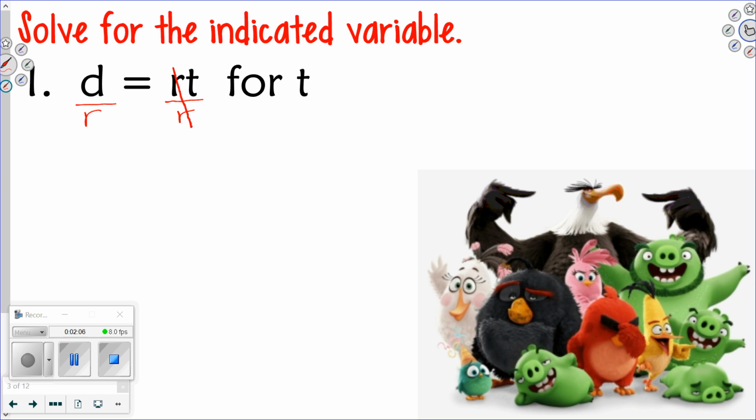That'll cancel out the R, and then T equals D over R. While this is easy, because you're just solving for a variable, people struggle with this because there are no numbers, and people panic because they don't know what to do with that. A lot of times you're moving stuff around, but not a lot of math per se is actually happening. Are we okay on that one where I just got T by itself?